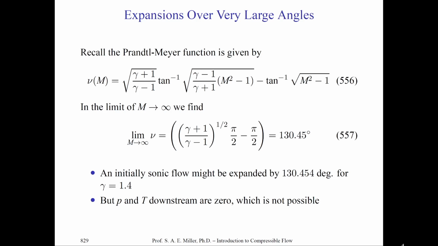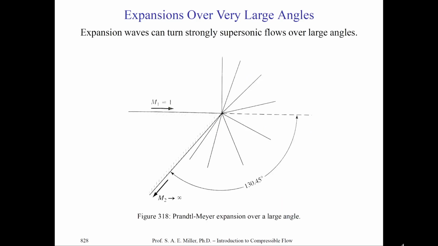Now, we can then evaluate the pressure and temperature in state 2 given this particular Mach expansion according to isentropic theory to go from 1 to 2. But you'll find, of course, that the pressure and temperature will go down to 0, which is just not possible in expansion. In fact, what will happen in physical reality, if you have a large expansion like this, is that the flow will simply go off the end of the surface and separate.